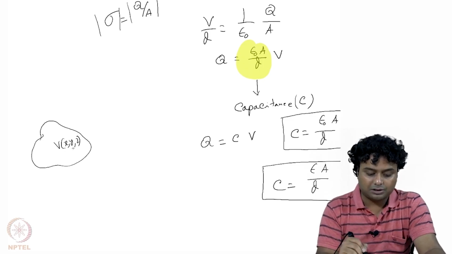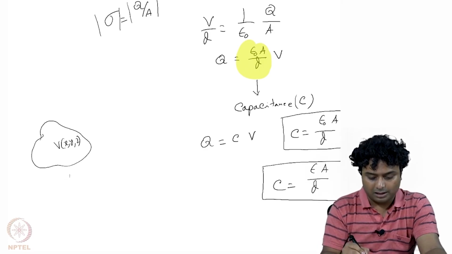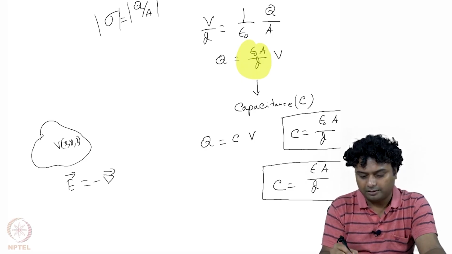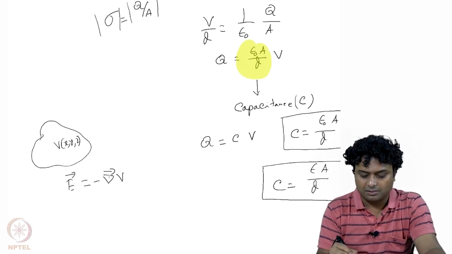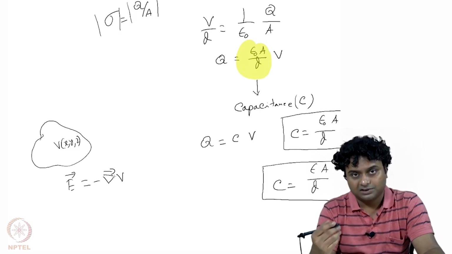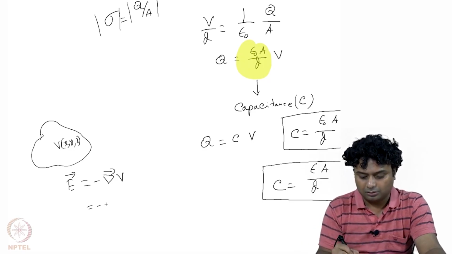Now if we have a three-dimensional distribution of the potential, so that at every point x, y, z the potential V is different, like it is a function of x, y, z, then in general form we can write that E equals minus grad V, where V is a scalar, but this is the partial derivative, del/del x plus del/del y plus del/del z, with respect to its direction, like i cap into del/del x. So these things you already know from vector calculus.